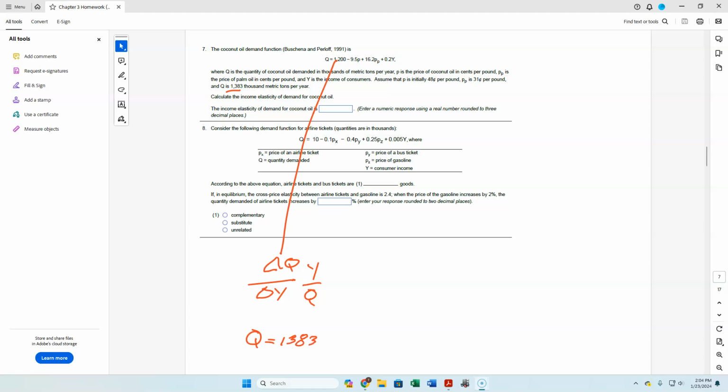My Y, well, to get to that, I'm going to have to start from the demand function: Q equals 1200 minus 9.5 P plus 16.2 PP plus 0.2 Y. So now I'm going to algebraically rearrange the terms.